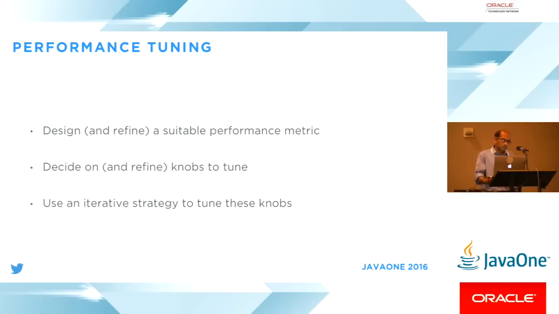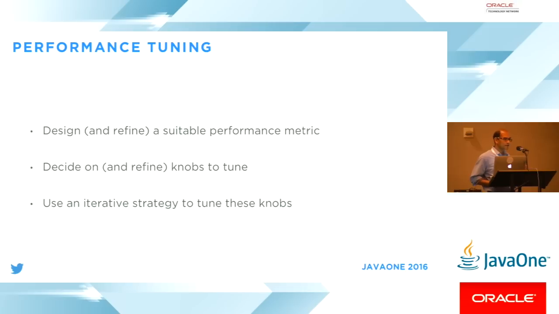This basically says what a typical performance tuning strategy might look like. We would find a suitable performance metric to optimize, and this is something that the service owner will typically come up with. He'll say, I want to optimize these performance metrics.